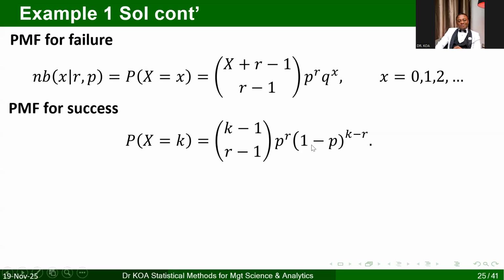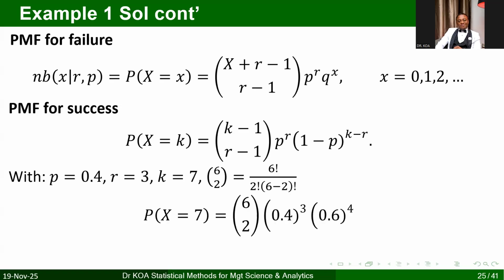We're given the probability of success to be what? 0.4. So it's 0.4 raised to the power 3, and then 0.6 raised to the power 4, because 7 minus 3 is 4.